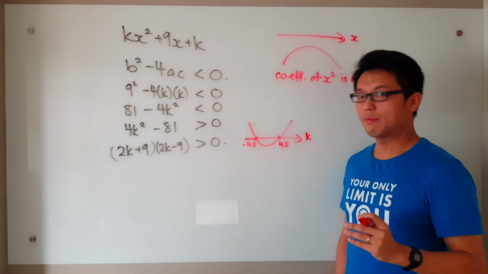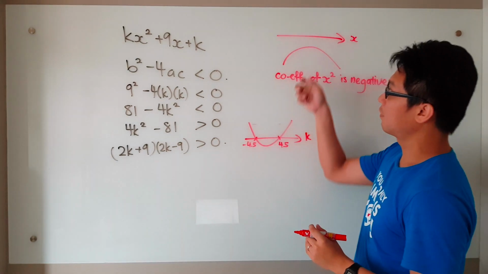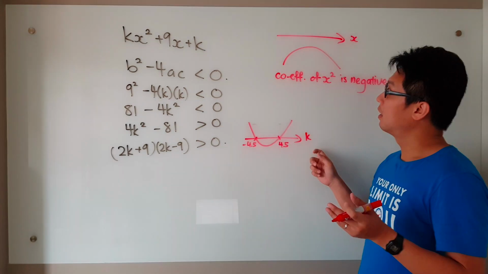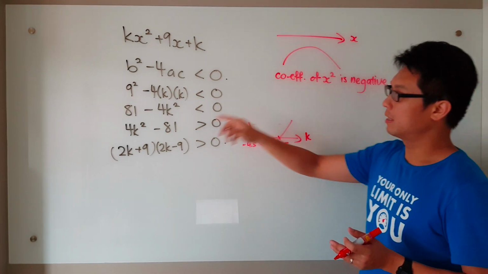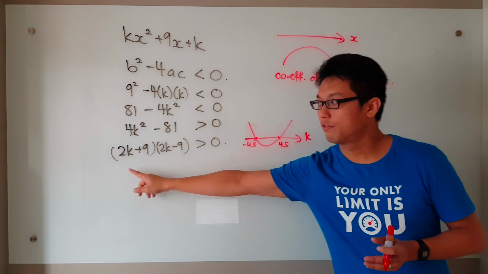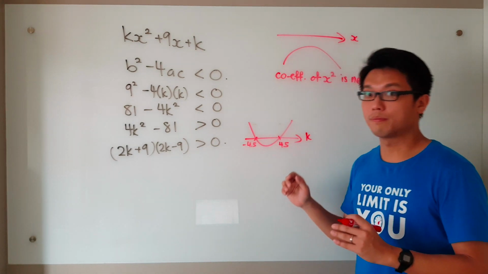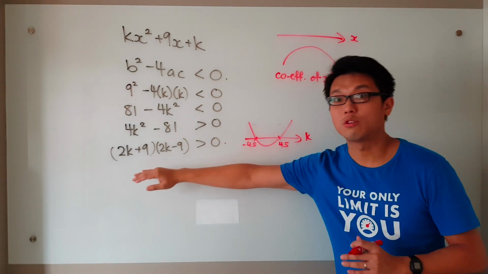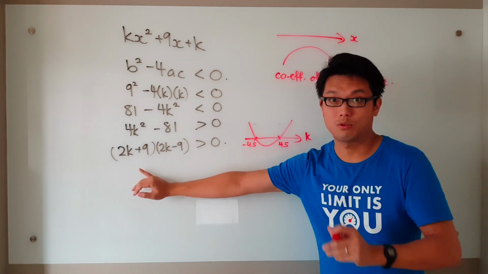Alright, maybe at this juncture you'll be wondering, why do I have a graph which is different from this? Now take note, this graph is with respect to x, but this graph is with respect to k, so they are two entirely different graphs altogether. At this point we are interested in the quadratic expression with respect to k, not the x one.